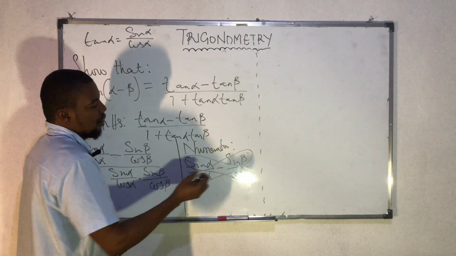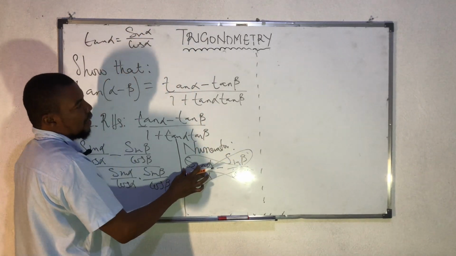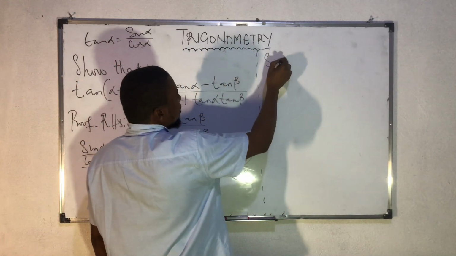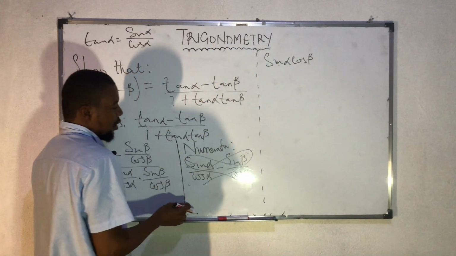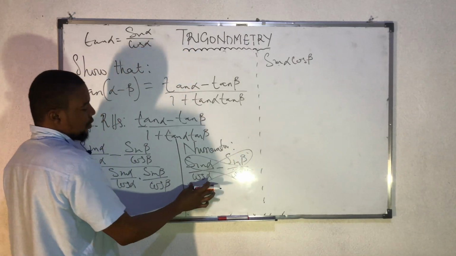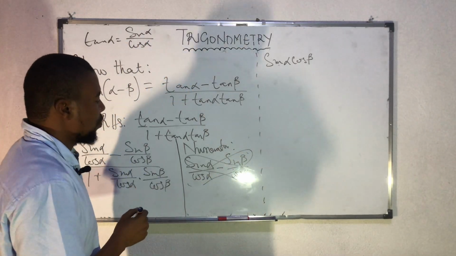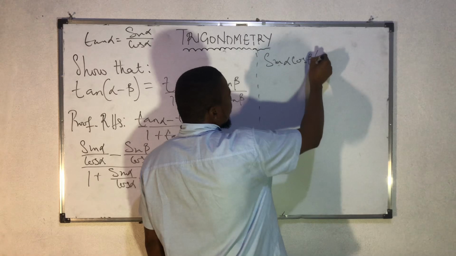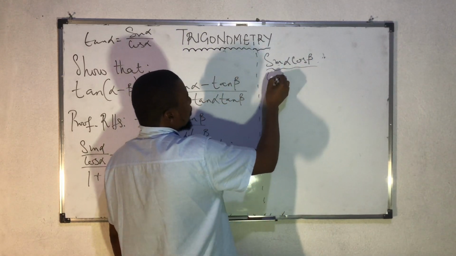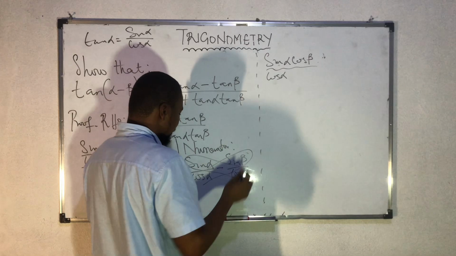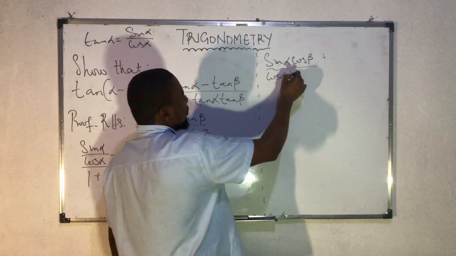Everything here we multiply by what we have on the denominator of the right, and everything on the right we multiply by the denominator of the left. Let's do that. Cos beta multiplied by sine alpha will give us sine alpha cos beta, and cos beta times cos alpha would give us cos alpha cos beta.